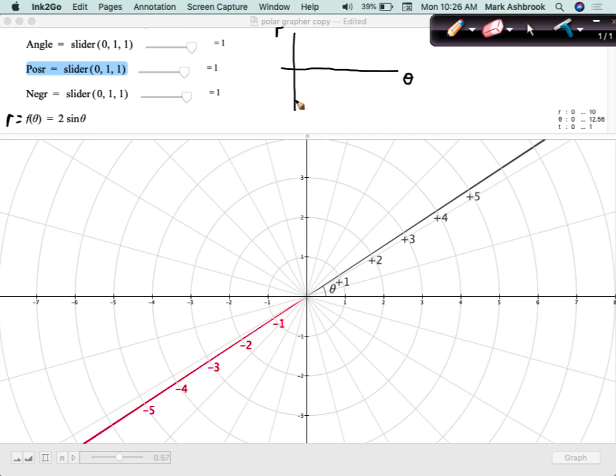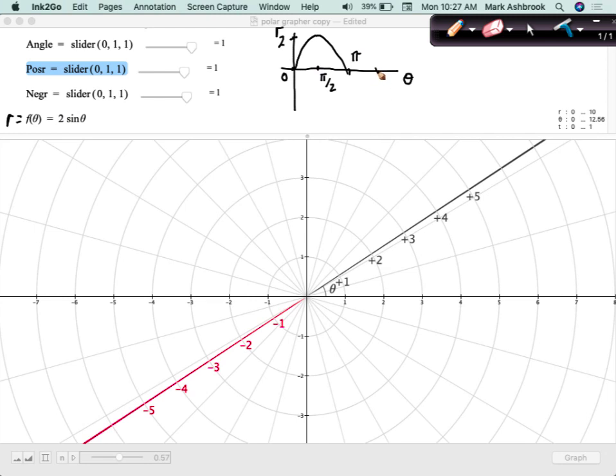Does 2 sine theta start at the min, the midline, or the max? Remember where sine starts at theta equals 0? The midline. And does it go to the min or the max? It goes to the max by pi over 2, which is 2. Then, as theta goes from pi over 2 to pi, it goes from the max to 0, the midline.